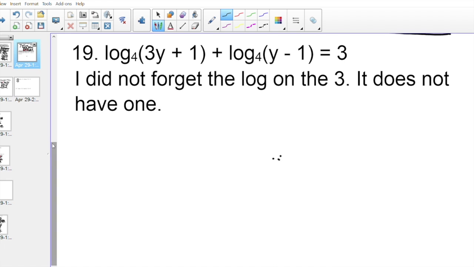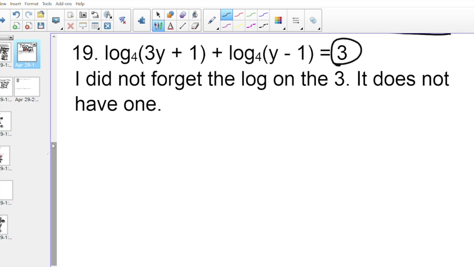Now, if you look up here, you have the log base 4, log base 4, but the 3 on this side does not have the word logarithm. I did not forget the log on the 3. It does not have one. But we don't really put a lot of change to it.